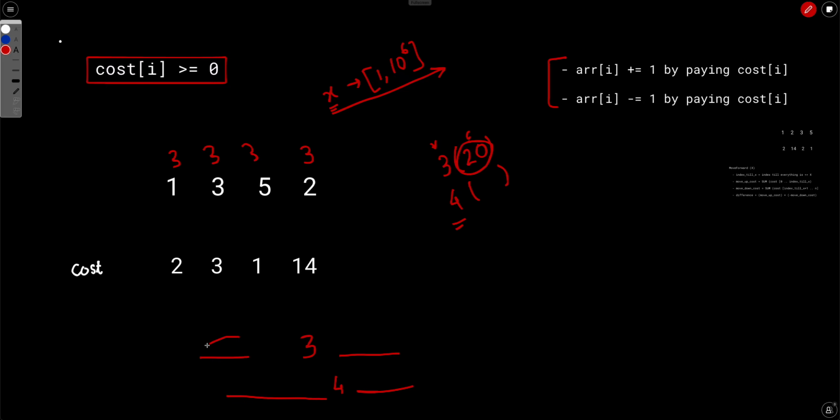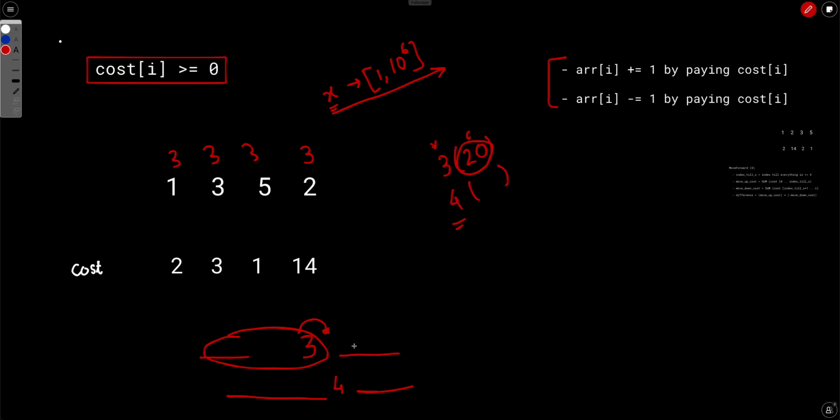Everything here has to pay 1 unit of cost, because they will be moving one step forward. Previously, you have already moved them to 3, so if everything here is 3 and you have to make it 4, you have to pay 1 unit of cost extra for each of these elements, right?